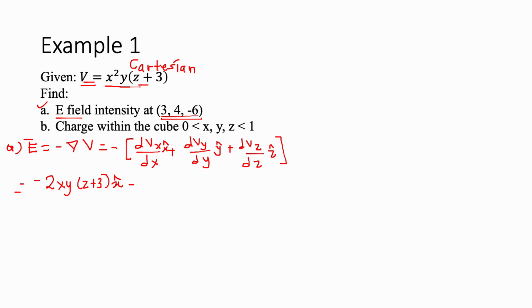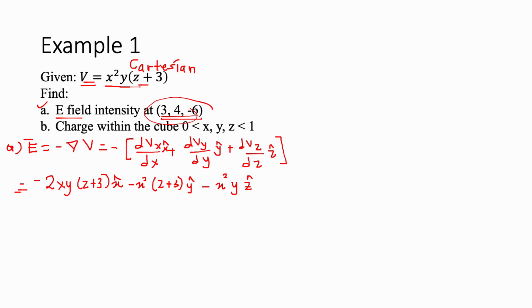Negative Vy will be x squared z plus 3 in the y direction. Negative Vz will become x squared y in the z direction.